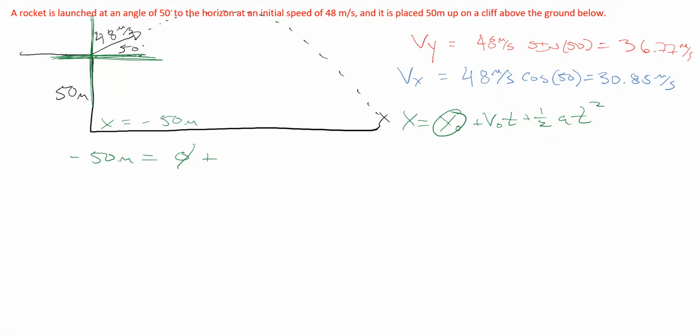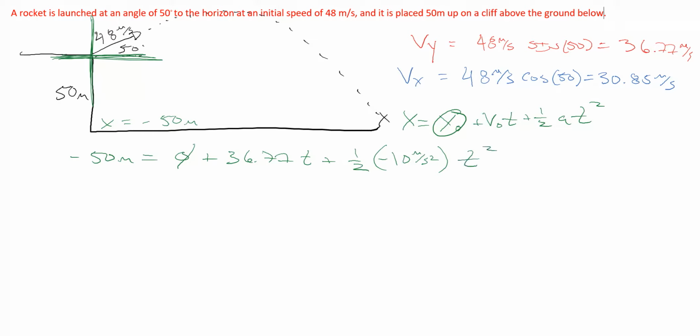So my velocity is 36.77 t, and then plus 1/2. Now gravity is pointing down, so it has to have a negative sign out in front of it. So negative 10 meters per second squared times time squared.